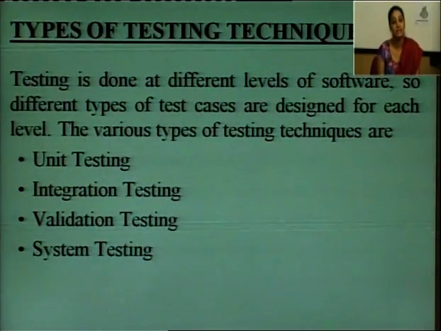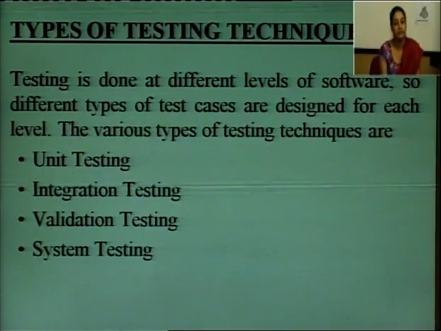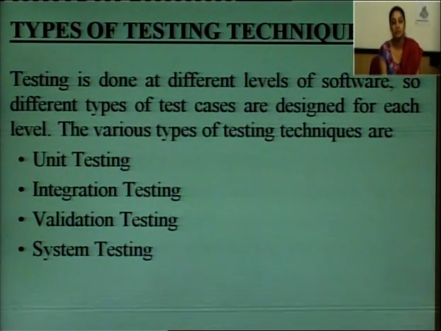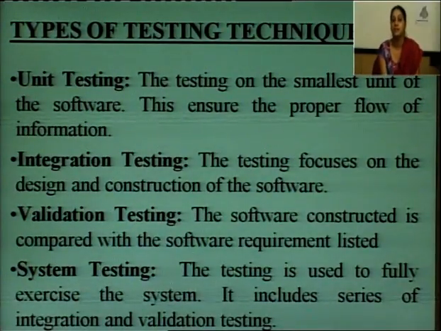Now the various testing techniques used for software. There are a number of testing techniques, used at different levels of the software. These techniques are unit testing, integration testing, validation testing and system testing. Now discuss this. Unit testing.